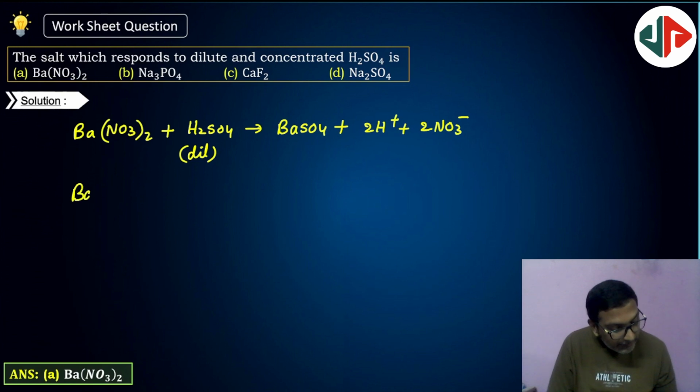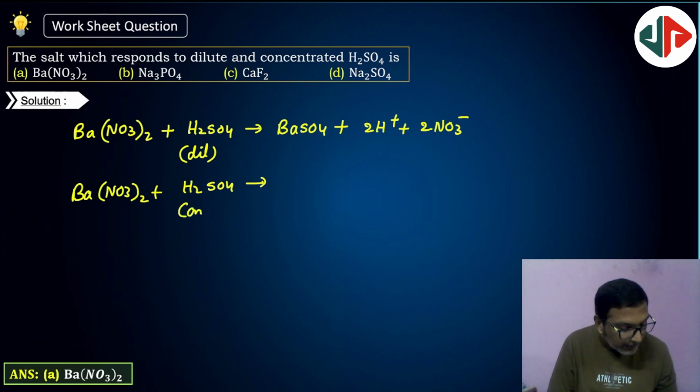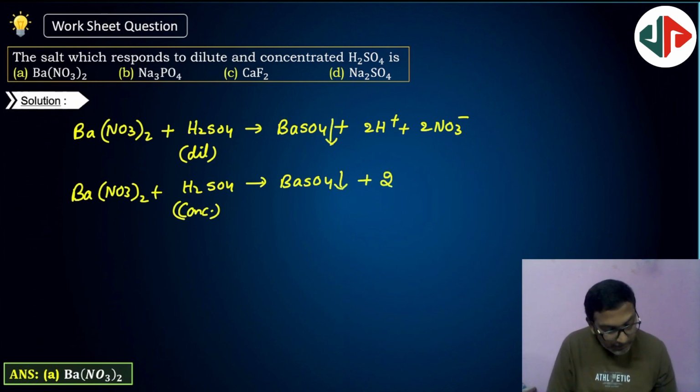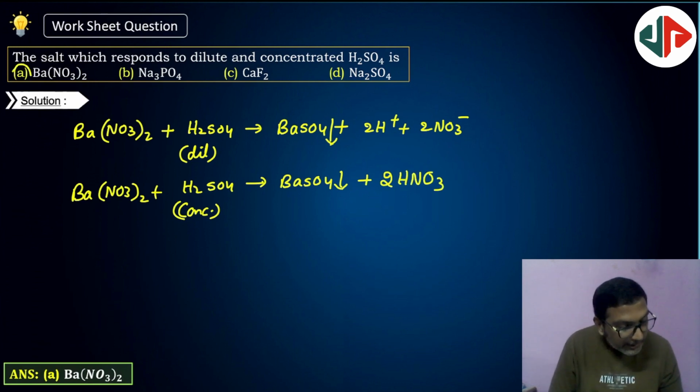The same barium nitrate reacts with concentrated H2SO4 and forms the same BaSO4 white precipitate plus 2 moles of HNO3. Therefore, option A. Here is the ionic form and here the molecular form. Next.